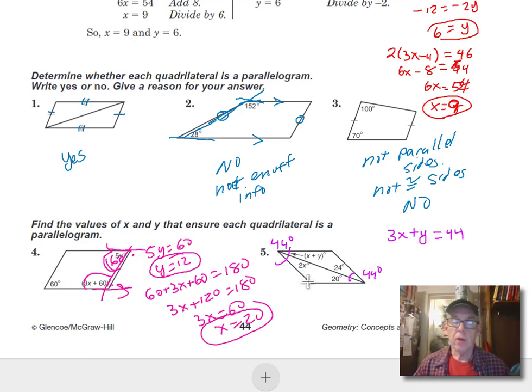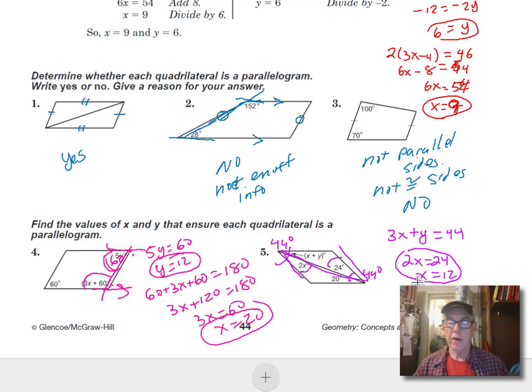This is a parallelogram. So if I'm looking at a z here, so if I kind of do a z like this, to here, down to here, and up, these are alternate interior angles. So 2x equals 24, which means that x is equal to 12. Okay, so we have x is equal to 12.